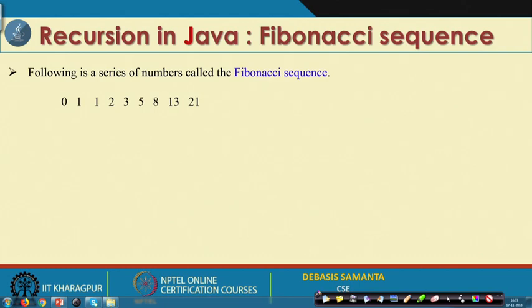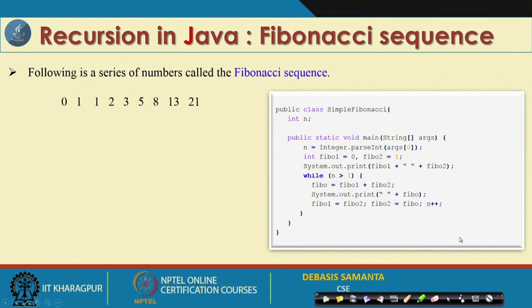If I ask you to write a program which will print all the numbers of this series, which is particularly called the Fibonacci series or Fibonacci sequence, the iterative program is a very simple loop.